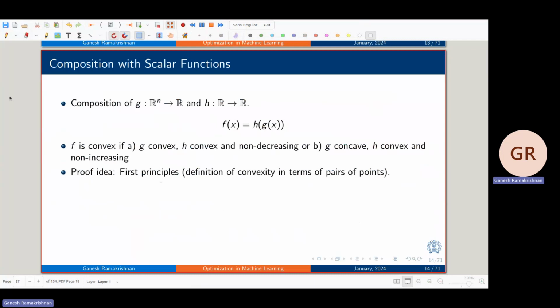So the list of convex functions. Now the third property, the calculus of convex functions, is in terms of f of x being convex under certain conditions on h and g of x. Okay, so composition.